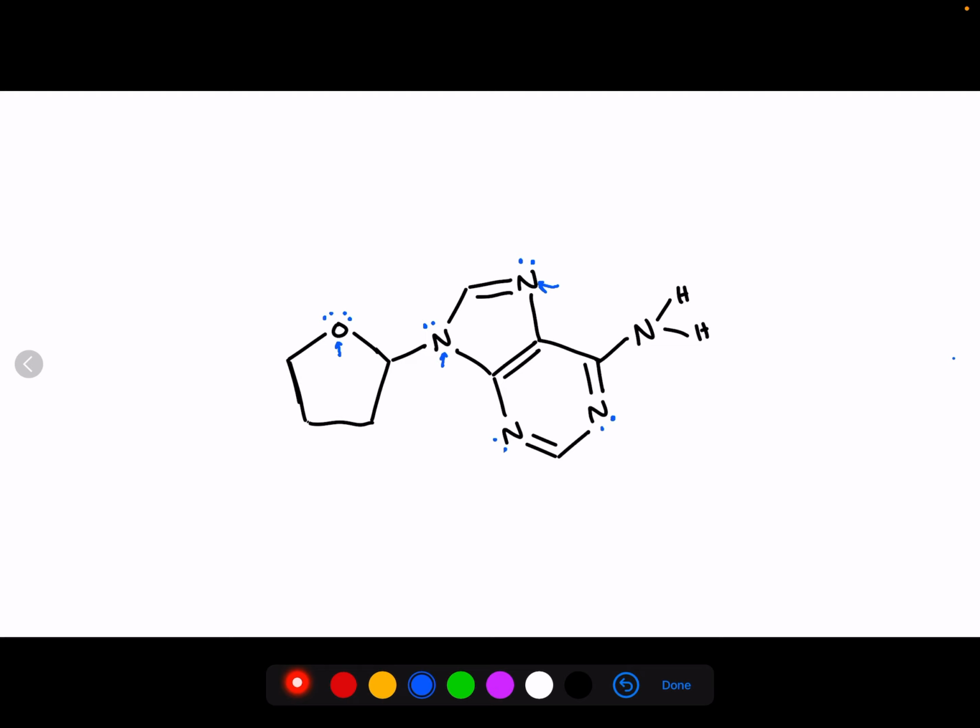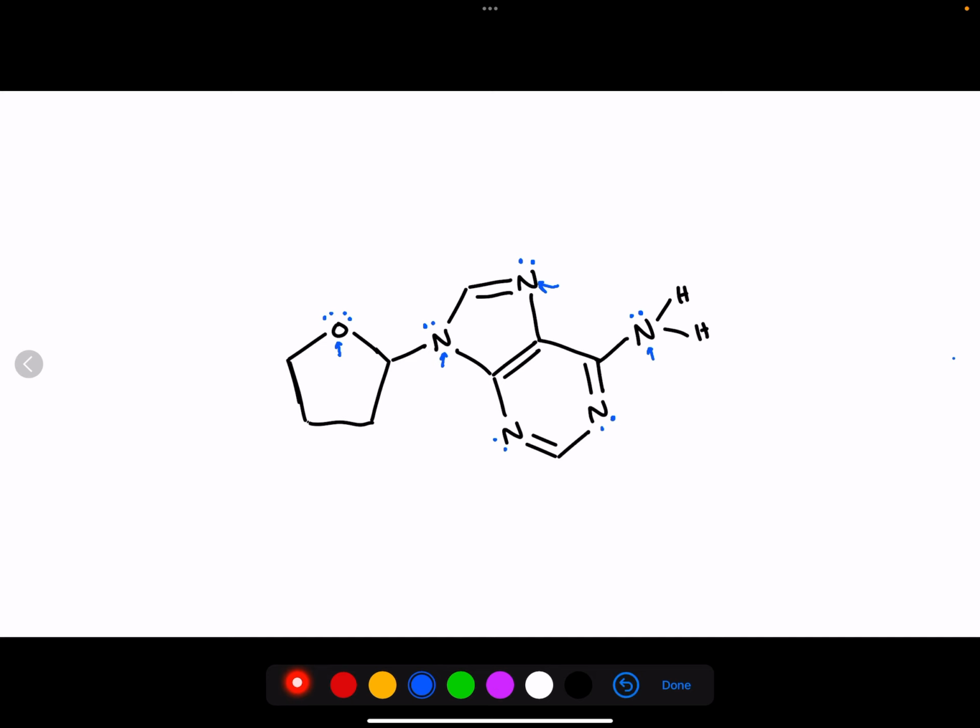And then for this nitrogen at the end, we're also going to need to add just 1 lone pair because it has 3 single bonds. So that way it has a full octet and formal charge of 0. Now, a lot of times, instead of showing the hydrogens attached like this for this group, it's just going to have NH2. And these two mean the same thing. So that's just something to look out for.